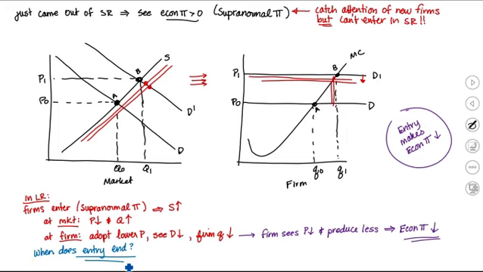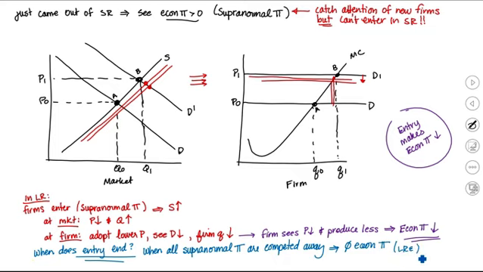And we get to zero. So the answer, when does entry end? When all of the supernormal profits are competed away. In other words, we get back to zero economic profits, which is our long run equilibrium condition, right? Everybody with me?